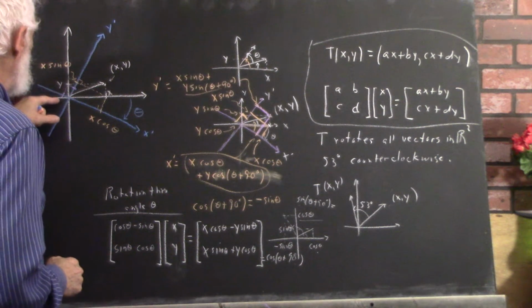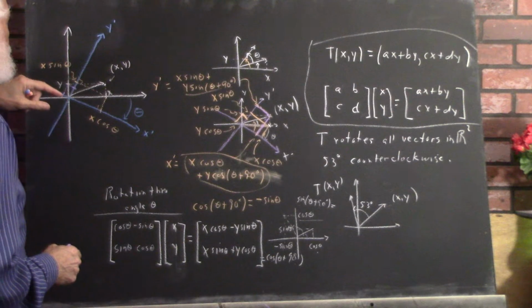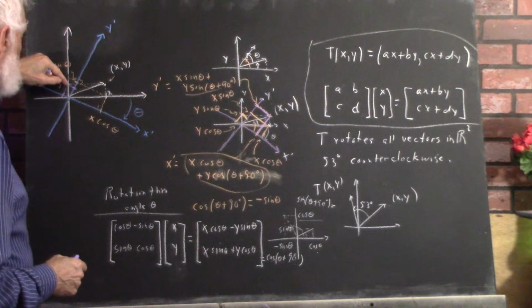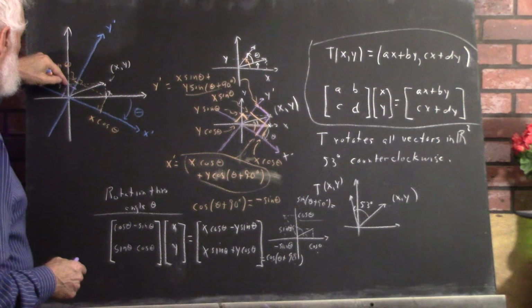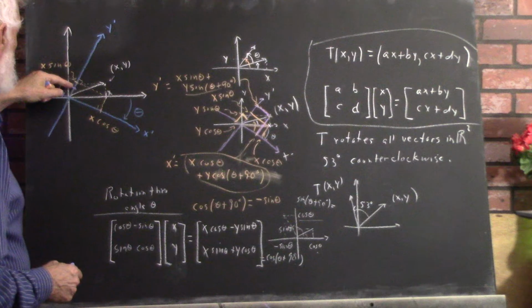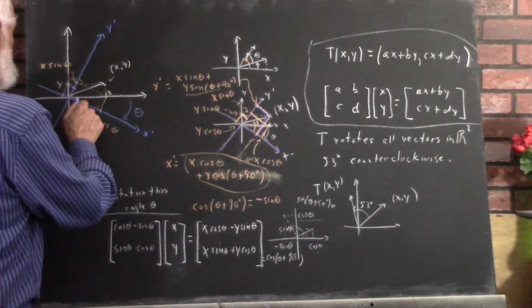Okay? The x-coordinate is going to be y times the sine of the angle from here around to here.